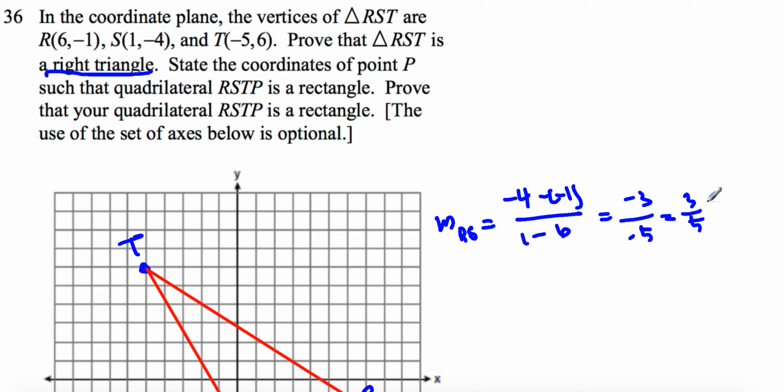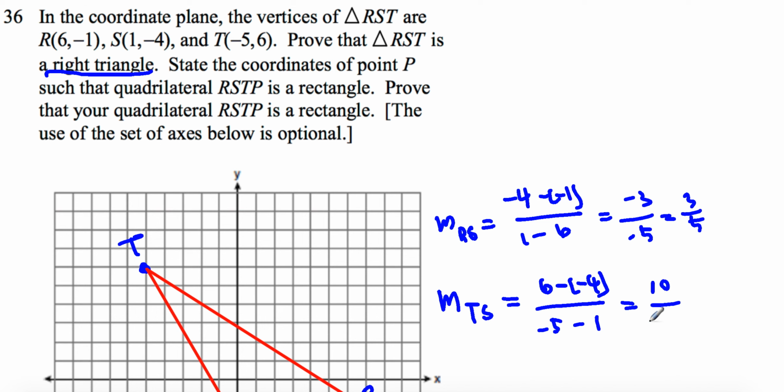That's what we end up getting. How about the slope of TS? We can do 6 minus negative 4 over negative 5 minus 1. Then we get 10 over negative 6, which is negative 5 over 3.